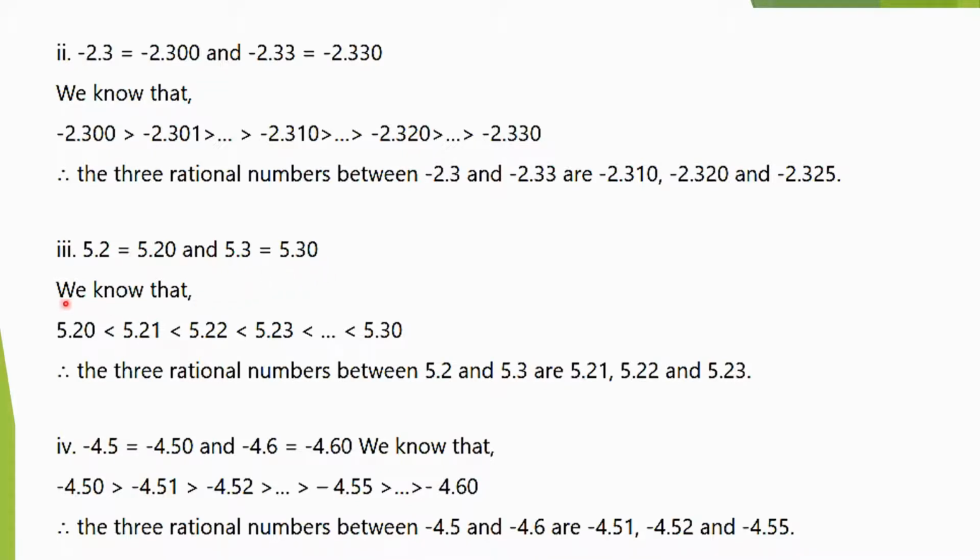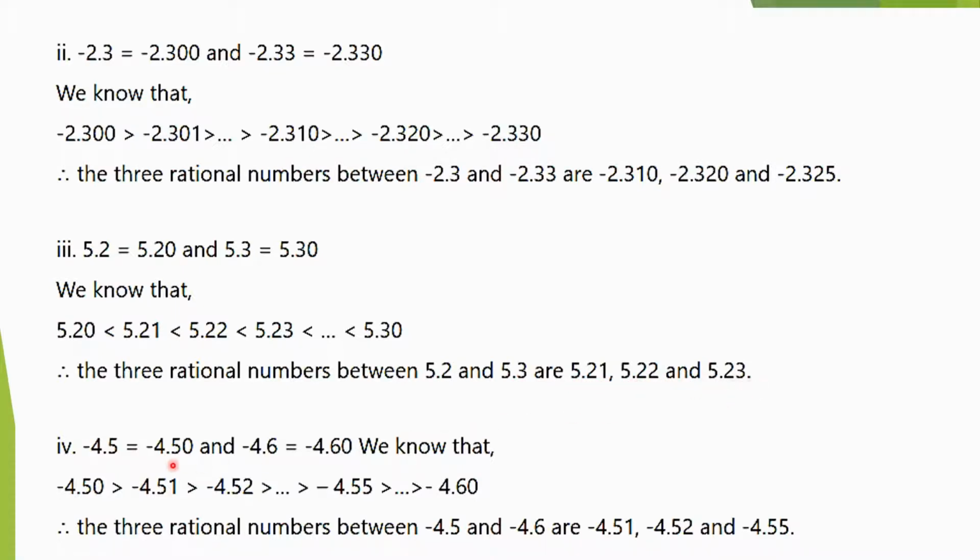We know that between 5.2 and 5.3 there are a lot of numbers. So we can write it as 5.20 is less than 5.21, less than 5.22, less than 5.23, less than and so on 5.30. Therefore, three rational numbers between 5.2 and 5.3 are 5.21, 5.22 and 5.23.